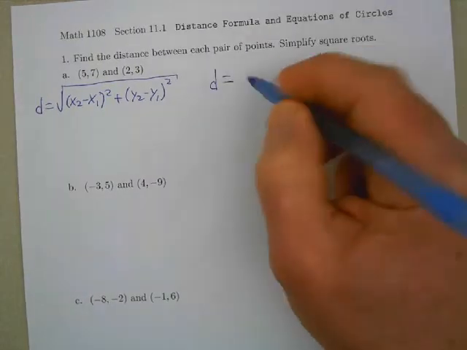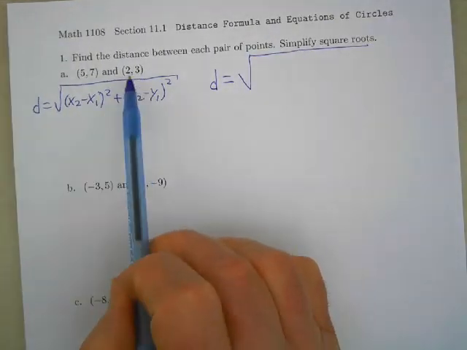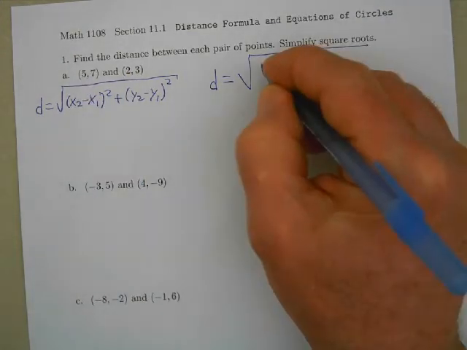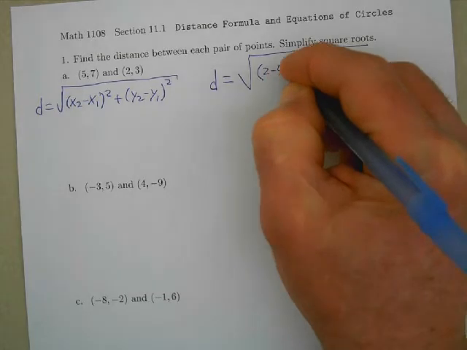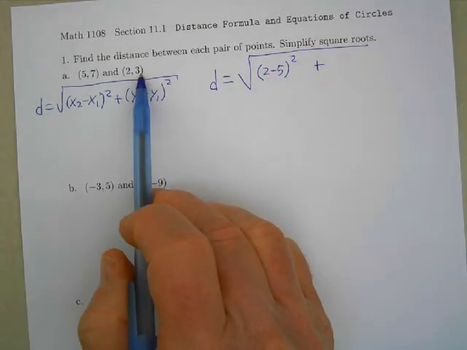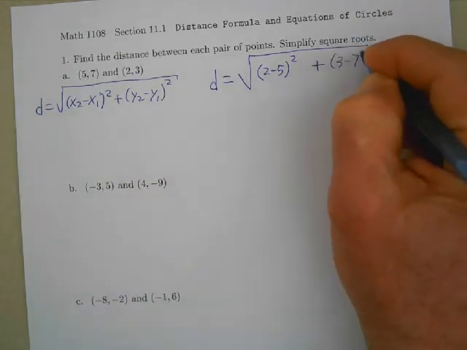So the distance is the square root. Okay, so x2 minus x1 quantity squared, or 2 minus 5 squared, and then plus 3 minus 7 quantity squared.